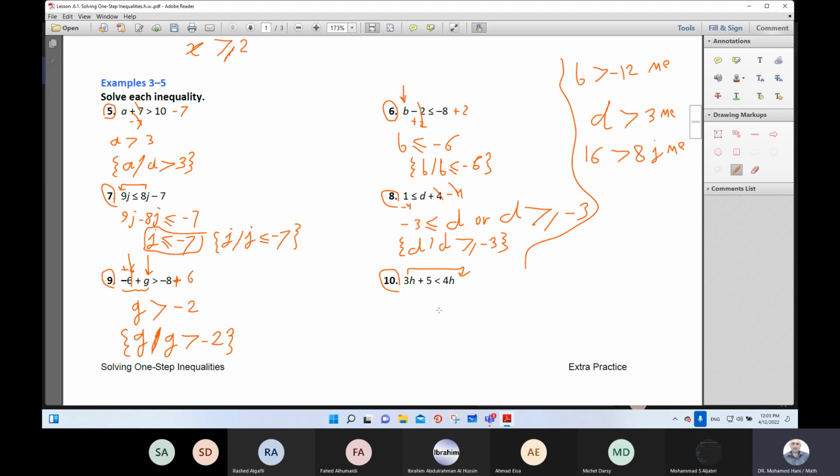Keep the same sign. Here you have 4h. And when you move the term from side to the next side, take the opposite sign. And here you have 5.